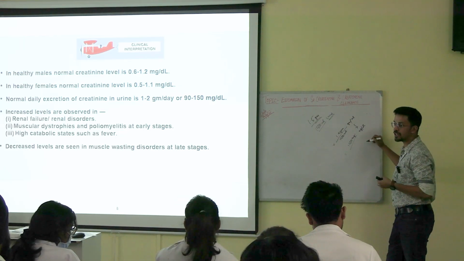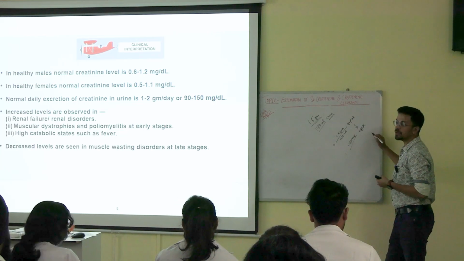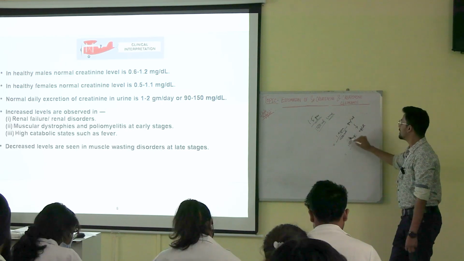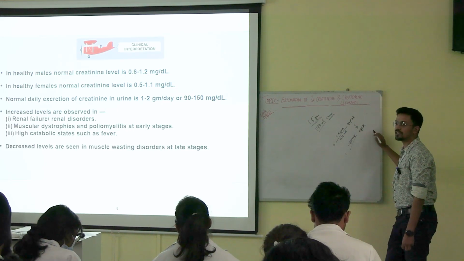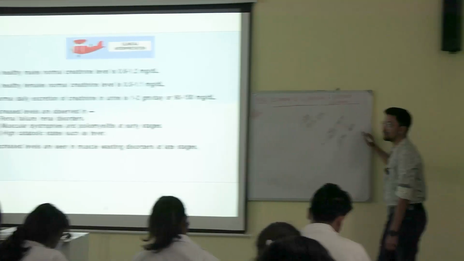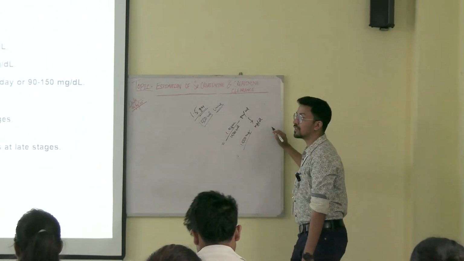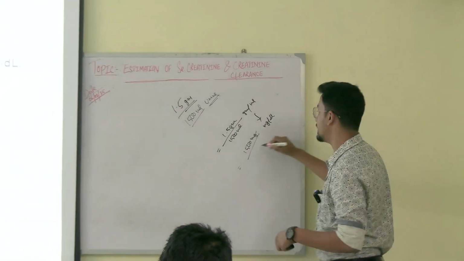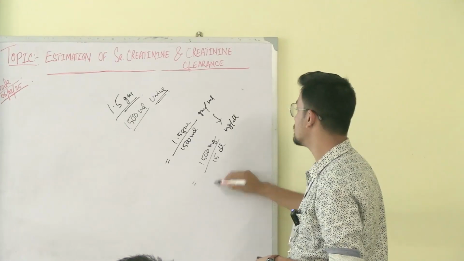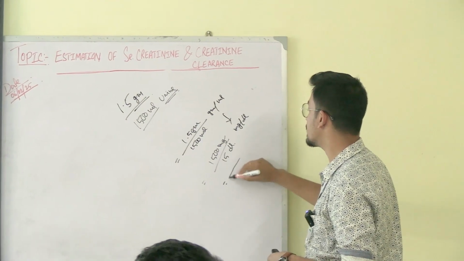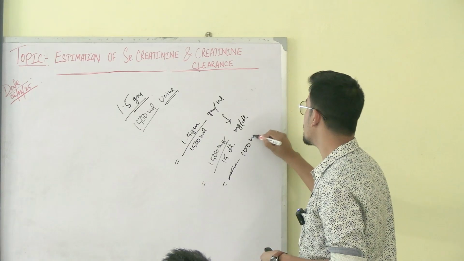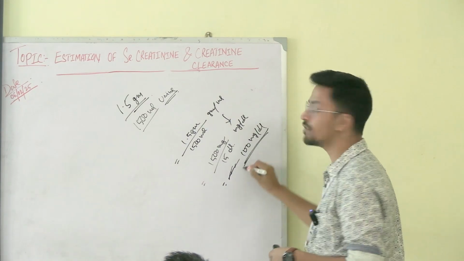Right? 1500 mg, and 1500 ml means how much deciliter? 15 deciliter, because 100 ml is 1 deciliter, right? So when you divide, you get 100 mg per deciliter. So this is the conversion.